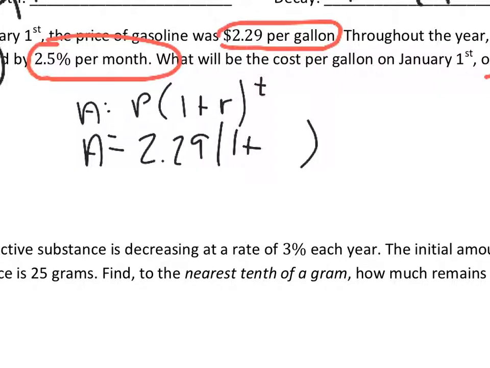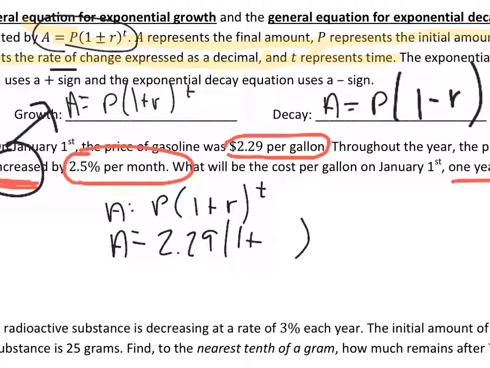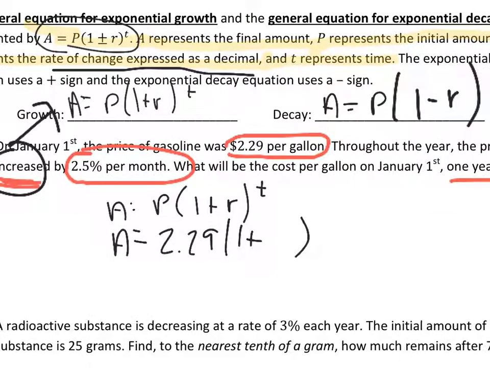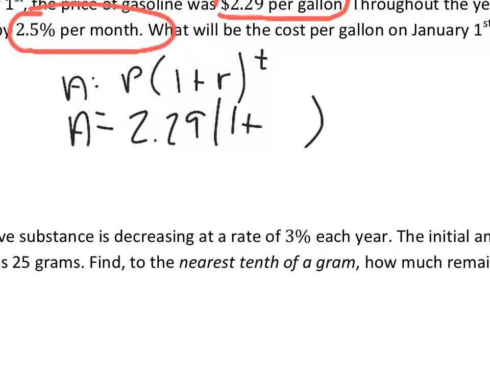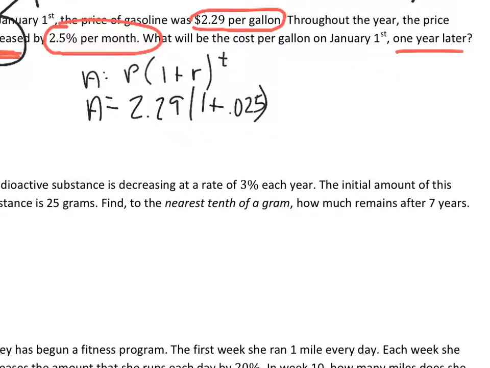The rate is 2.5%. Remember from last year, our rate is always expressed as a decimal, so we have to divide by 100 every time we have a percent. So 0.025. And the time, if it's increased 2.5% per month, after 1 year would be 12.